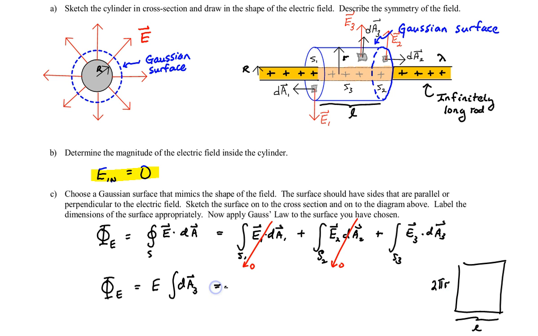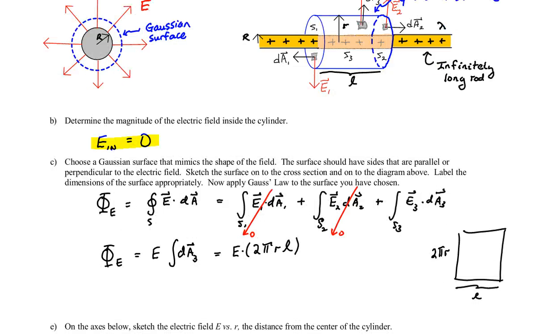So the area of this cylindrical wall is 2 pi r times the length of our cylinder, and the flux is E times 2 pi r L. Now, if you recall, Gauss's law says that the total flux is equal to Q enclosed divided by epsilon naught, which is now equal to E times 2 pi r L.